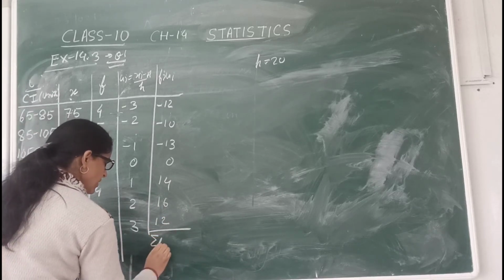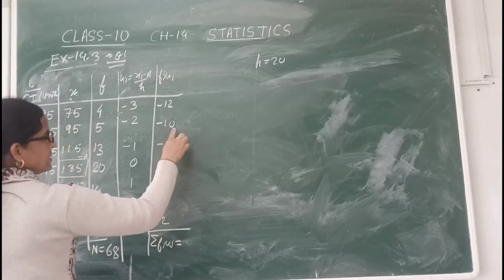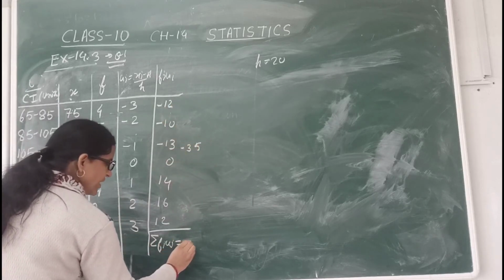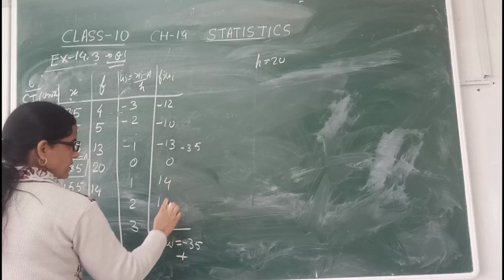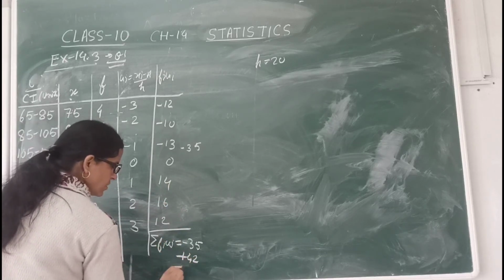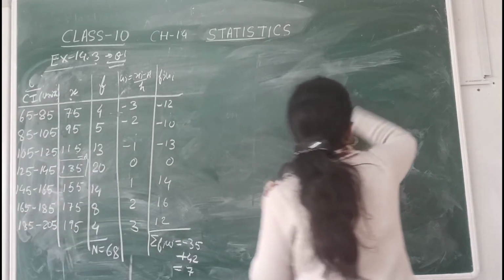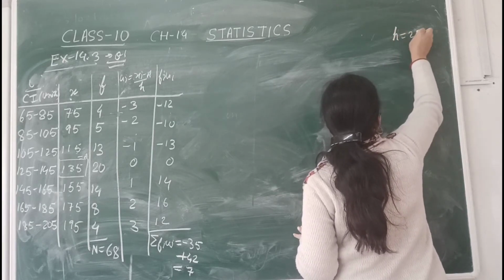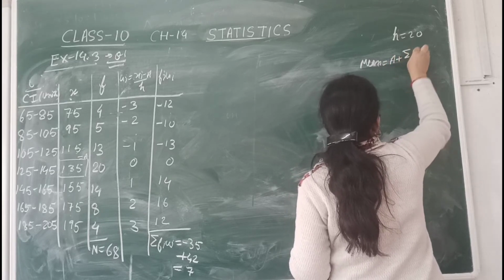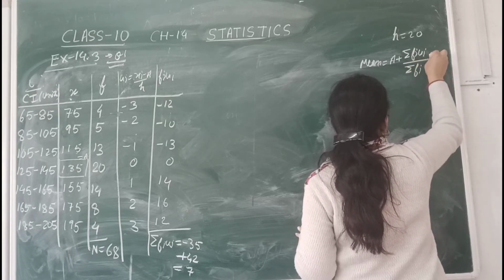So summation fi ui equals, let us add it, minus 35 plus 42, so this is 7. So mean equals a plus summation fi ui by summation fi, into h.